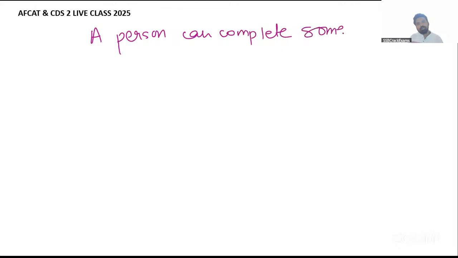So time and work is actually like the things that we used to do in our school level or before high school. So suppose a person can complete some work in say 10 days.